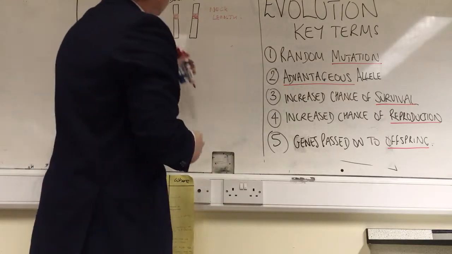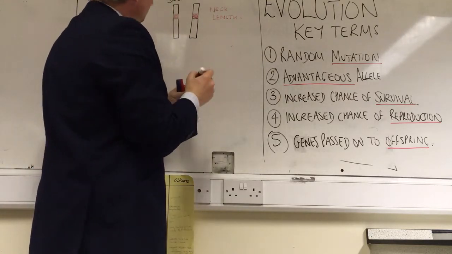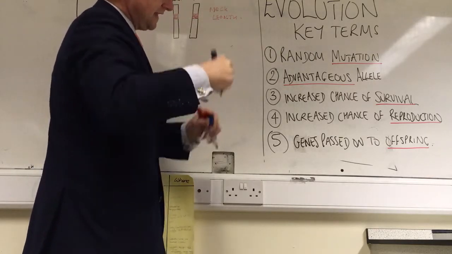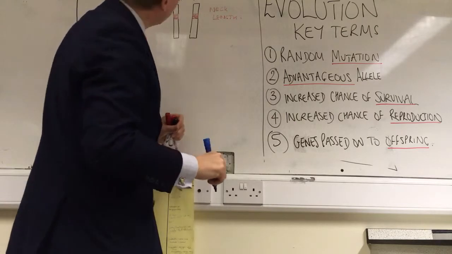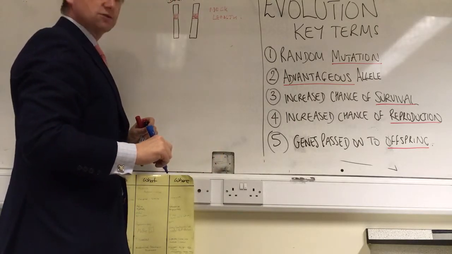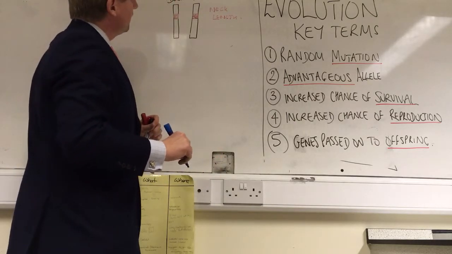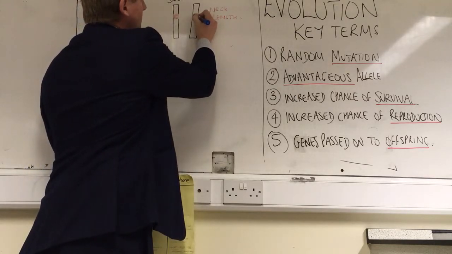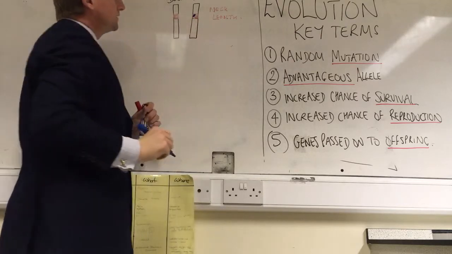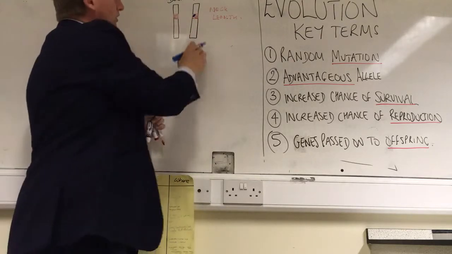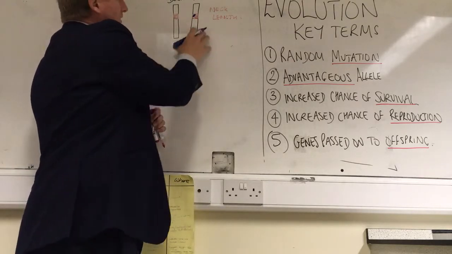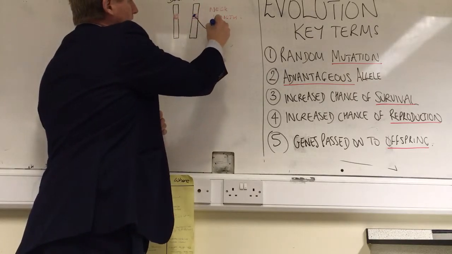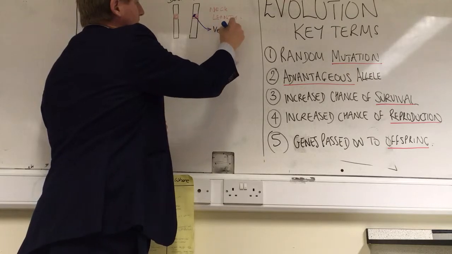And as a result of a mutation, let's say that the mum had this when she was making the eggs in the process of what we call meiosis. There was a mutation which kind of just changed the DNA on her chromosome. And it would lead to that change, a very long neck.